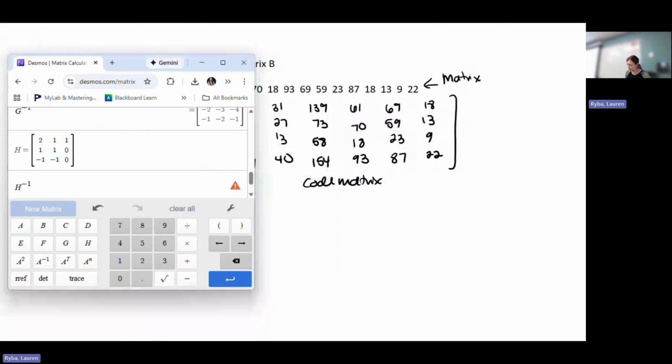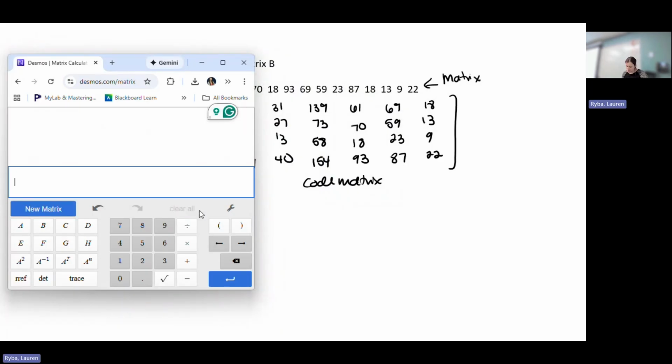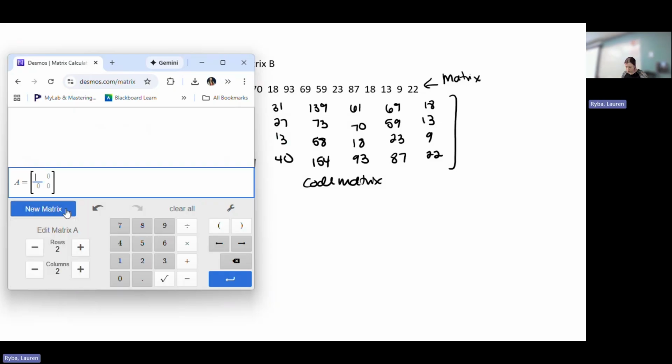Now, this is also why we use technology, because I would never, ever, ever expect you to do this by hand. I have maxed out my matrices, so I got to start over here. New matrix. So this is, it's 4 rows, and it was 1, 2, 3, 4, 5, 6 columns.